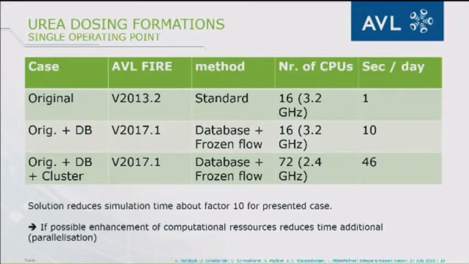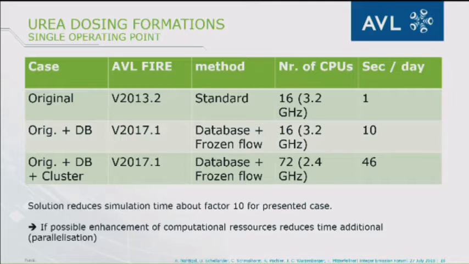Initially, with the original approach of the simulation, we are able to reach about, let's say, for such a model, 1 second per day, which is not very much if we need to consider 600 seconds of dosing. If we take into account the measures for speed up, we have a benefit of a factor of 10.